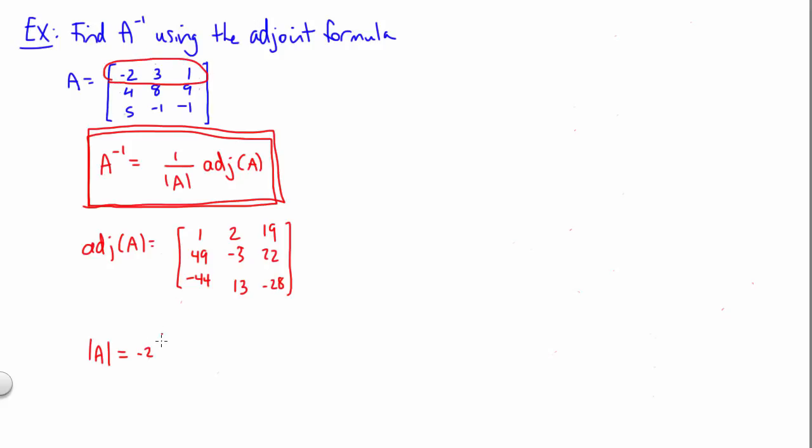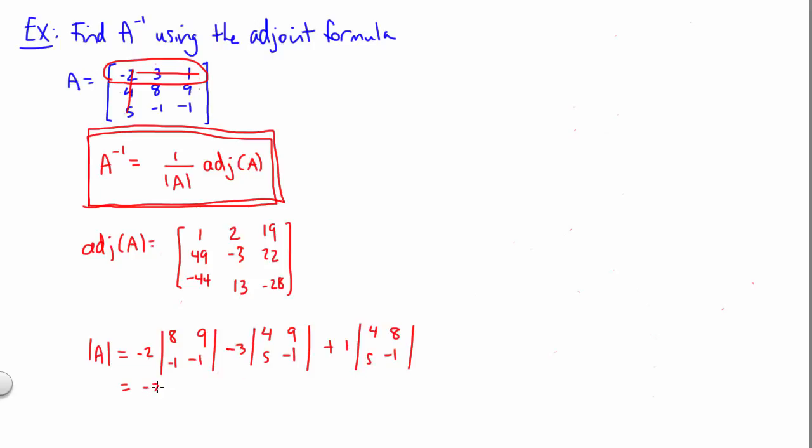We'd have minus 2 times the little 2 by 2 determinant that's left over when we cross out that row and column. And let's remember the checkerboard pattern for the sign. So as we move over to the 3, it's going to be minus 3 times the 2 by 2 determinant, 4, 9, 5, negative 1. And then finally plus 1 times the 2 by 2 determinant, 4, 8, 5, negative 1.